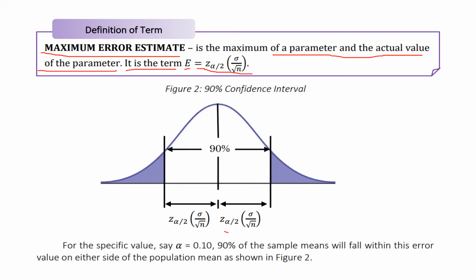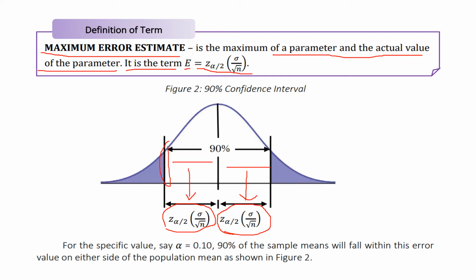Same thing with the left side of this normal curve. At some point here, the value of this area will be equal to C sub alpha over 2 multiplied by sigma over square root of n, your sample size. Same thing with this side, same value.